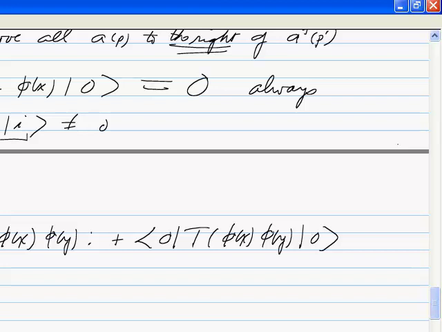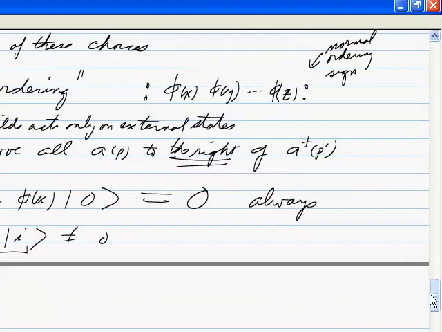Okay? So how would you prove this? Well, you would write out the time-ordered product of these two fields, and if you do that, the A's are sitting on the left of the A dagger sometimes. You bring them through, put them on the right, you normal order them, you put all the A's on the right, but to do that you have to go past an A dagger, so there's a commutation rule associated with that.